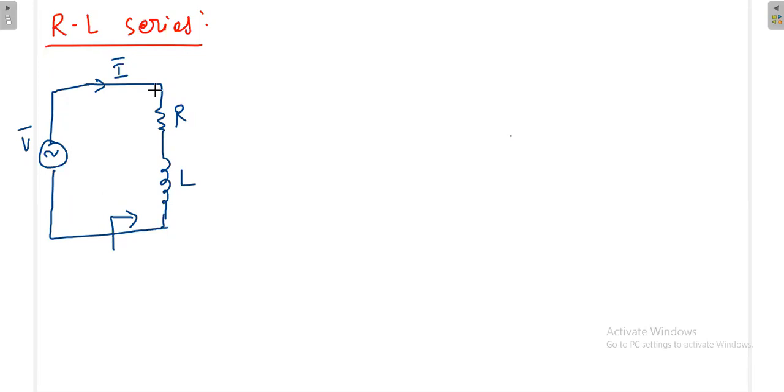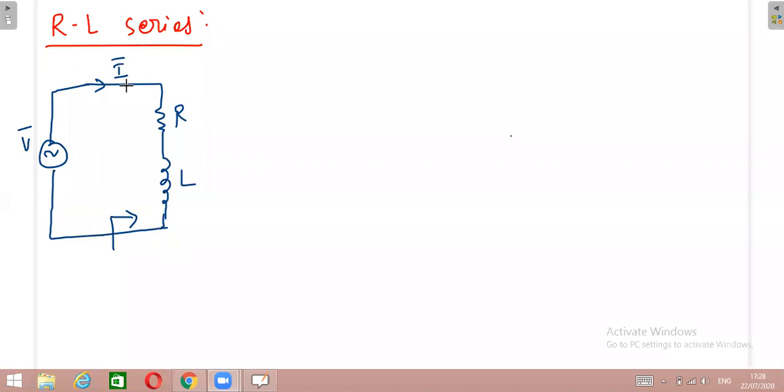So now there will be some phase difference between the V and I. That idea first you should understand, because this is not purely resistance.